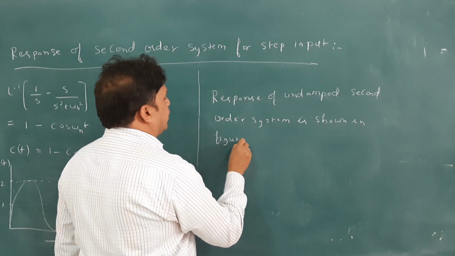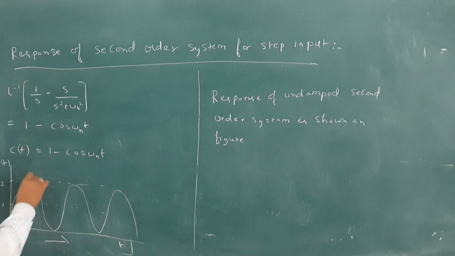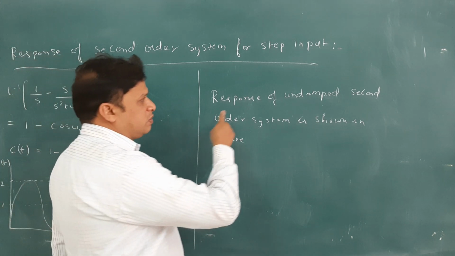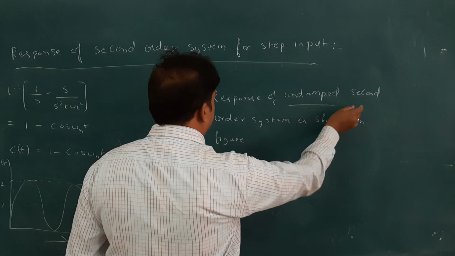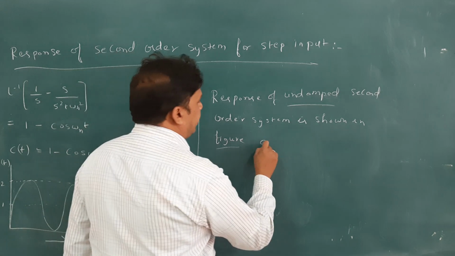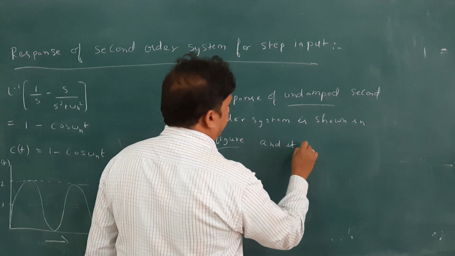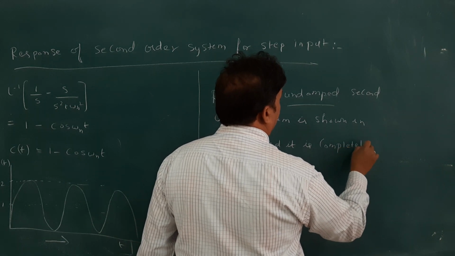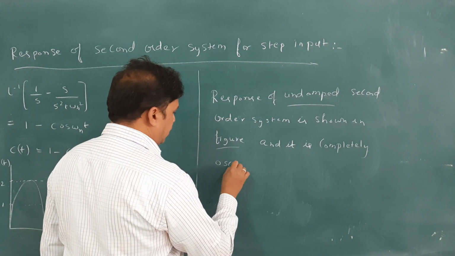This type of response is the oscillatory response. So it is the response of the undamped second order system, shown in the figure, and it is completely oscillatory in nature.